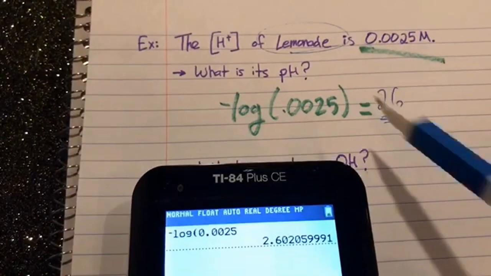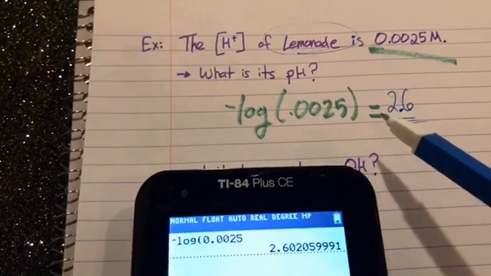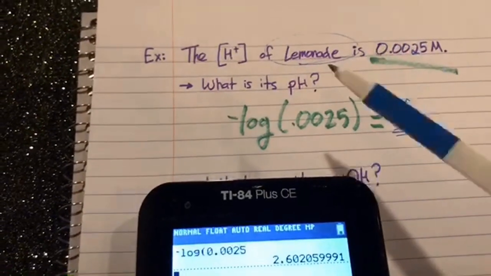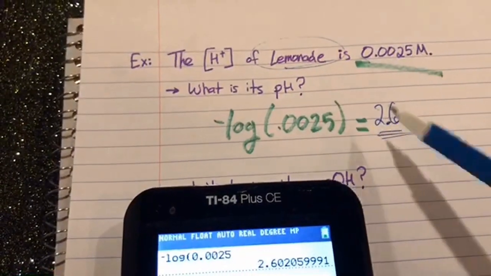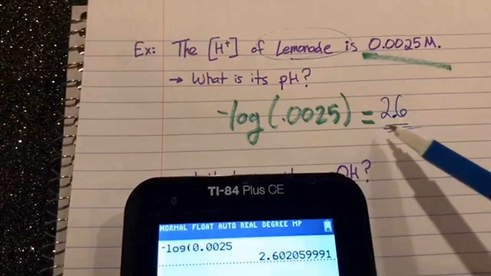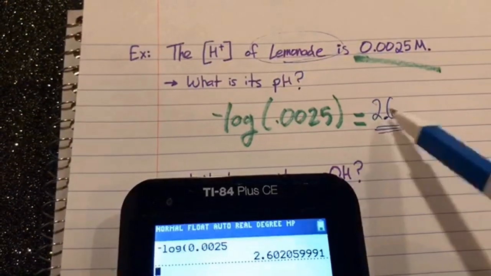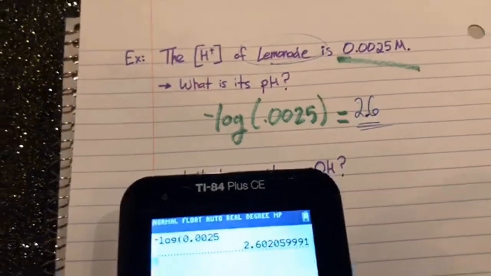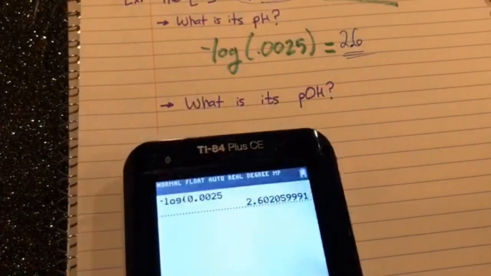You can drink it. So try to make sense of the answers you're getting. In this case, it should have an acidic pH, something between 2 and 3. I know in class we said lemons were like a 2. So for lemonade, 2.6 looks good. Okay, so that's that one.